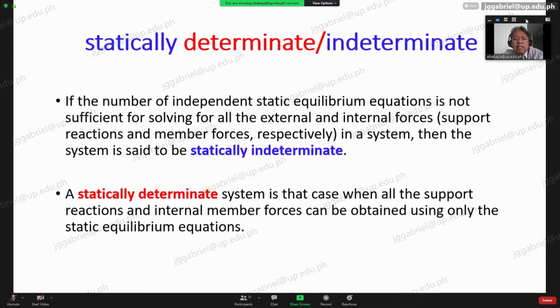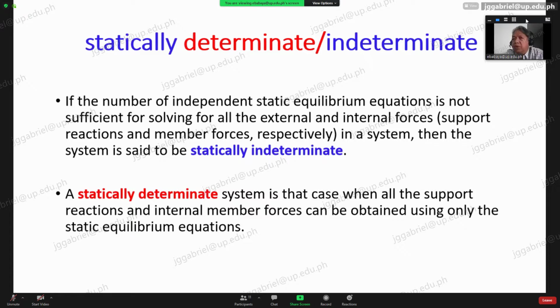Now, what about a statically determinate system? It is that case when all the support reactions and internal member forces can be obtained using only the static equilibrium equations. Those are statically determinate.